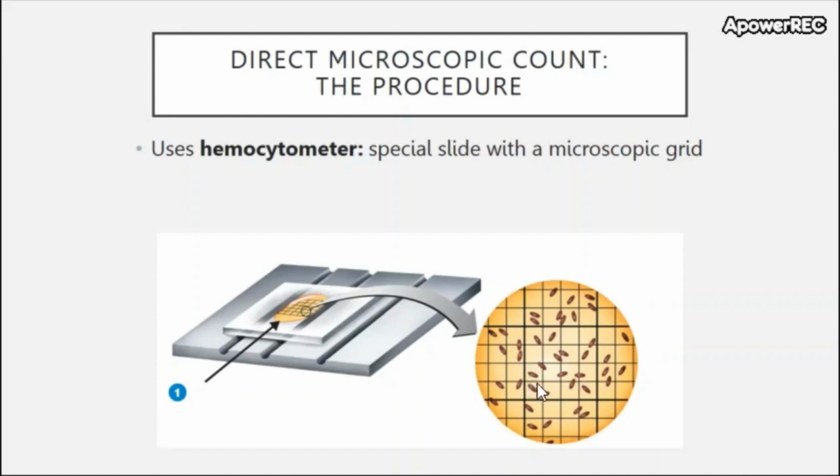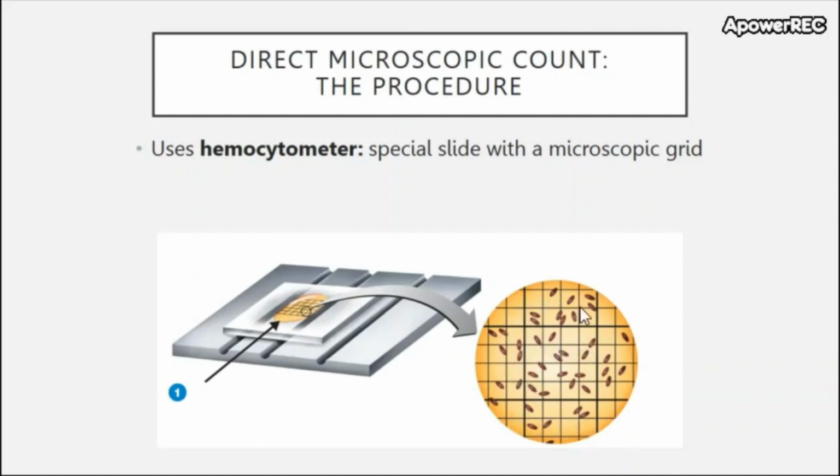So if you know all three dimensions, how wide these squares are, and the distance from the bottom slide to the cover slip, you know it has a known precise volume. So you can count the number of bacteria in any given number of squares, whatever is convenient for counting purposes.